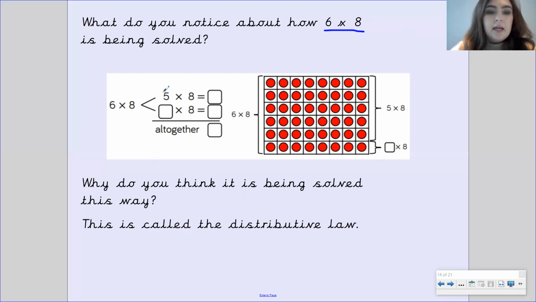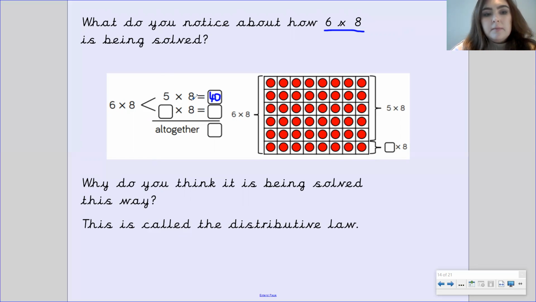Now our 5 times tables are really easy. So they've split it up into 5 times 8 and then something times 8. So 5 times 8 is 5, 10, 15, 20, 25, 30, 35, 40. So you would put 40 here.